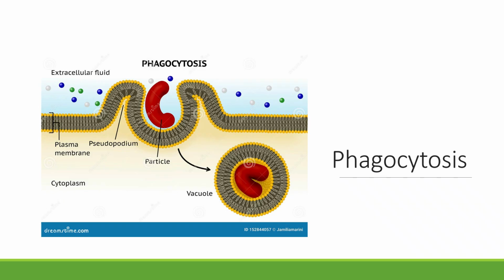And then it's going to enclose it and bring it in. And when it does that, notice that the vesicle is now made of the cell membrane, the little chunk of cell membrane that was involved in making those arms and pulling it in. And so that is what phagocytosis is all about. So they refer to those as false feet, the pseudopodium that you make. To me, they look like arms that just reach out and grab it.